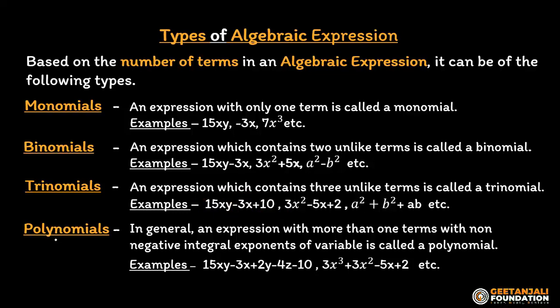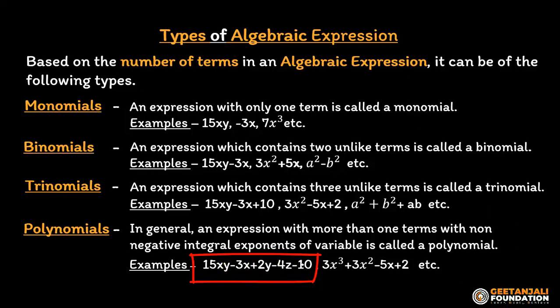Now the polynomial. In general, an expression with more than one term with non-negative integral exponents of variables is called a polynomial. For example, 15xy minus 3x plus 2y minus 4z minus 10. This is a polynomial. You can see there are 1, 2, 3, 4, 5 terms.